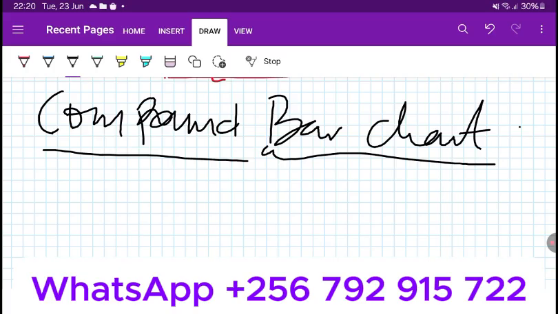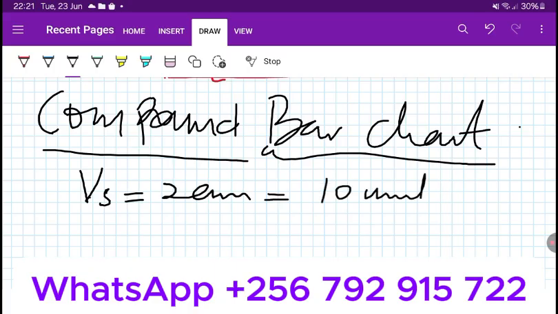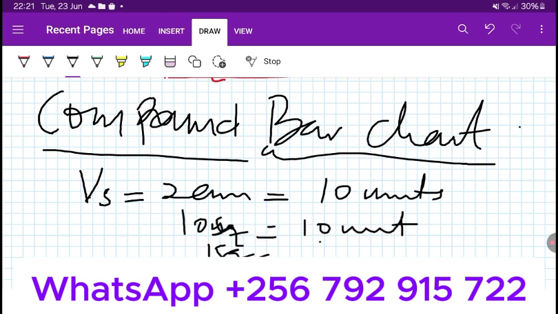So we can use 2 centimeters maybe to represent 10, because the other information that was given to us, the highest value is around 42. So even if we use 2 centimeters to represent 5 on the vertical scale, we can set 2 centimeters to represent 10 units, meaning 10 small squares will be equaling to 10 units, meaning each one small square will be equaling to 1 unit.